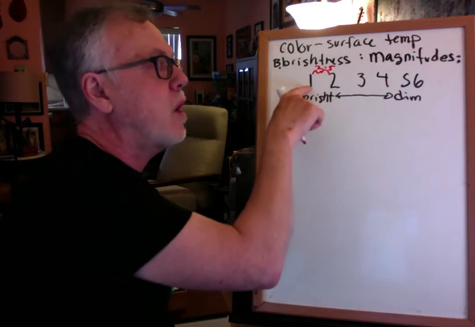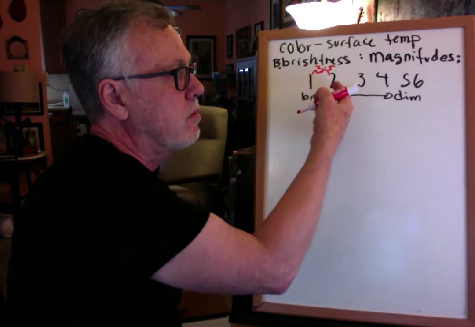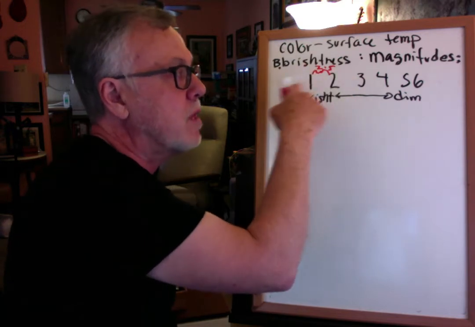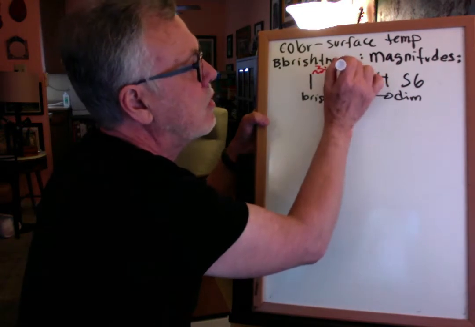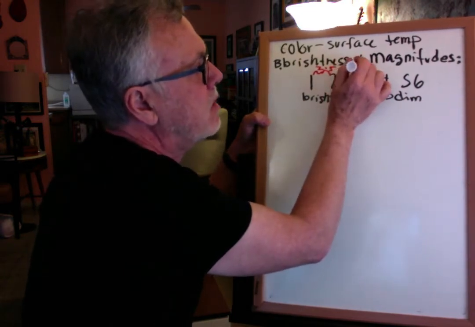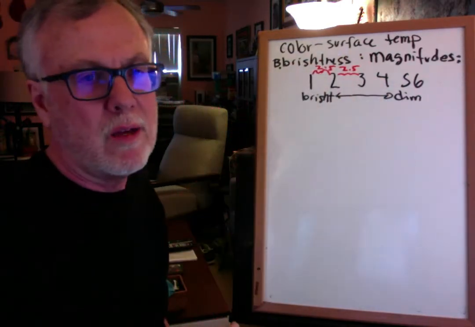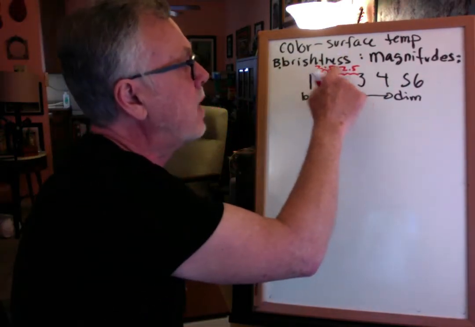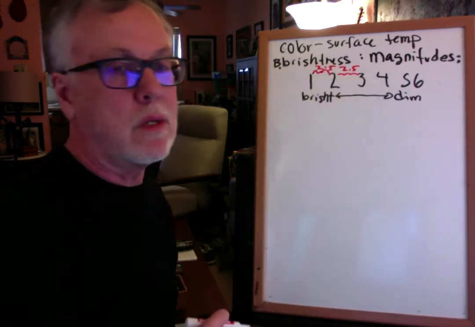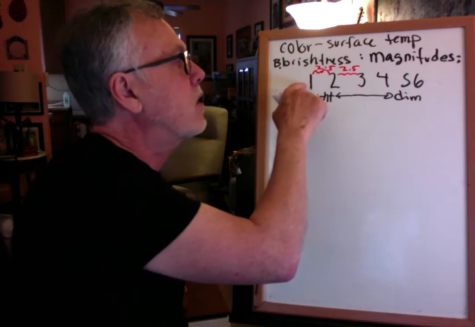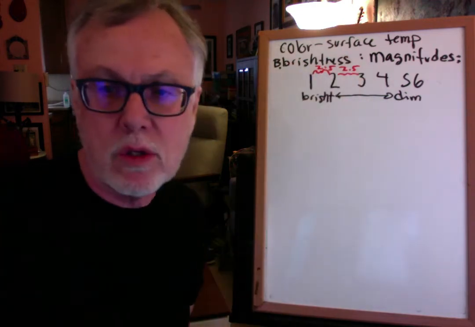So a magnitude 1 is 2.5 times brighter than a magnitude 2. Magnitude 2 is 2.5 times dimmer because it gets dimmer to the bigger numbers. And then a magnitude 3 is 2.5 times dimmer than a magnitude 2. And a magnitude 3 is 2.5 times 2.5 dimmer than a magnitude 1. So they just multiply one another. That means the magnitude 1 is roughly 2.5 times 2.5 the brightness of a magnitude 3, and so forth.